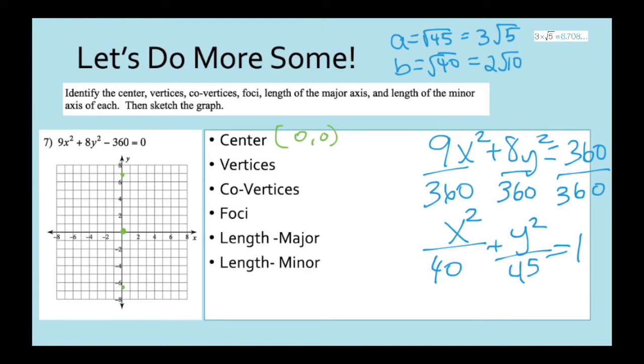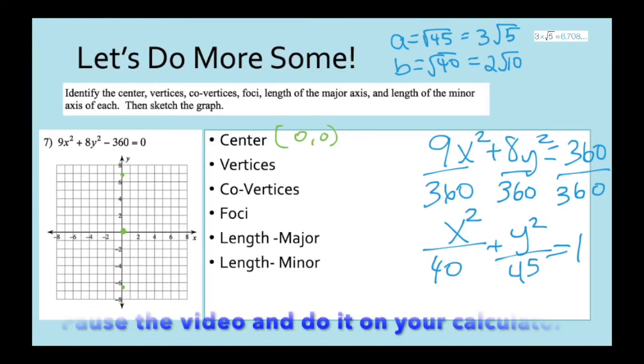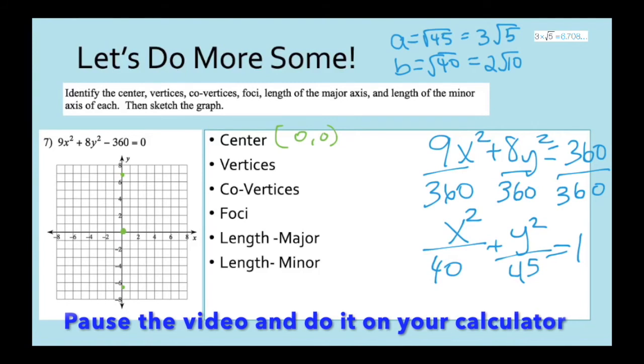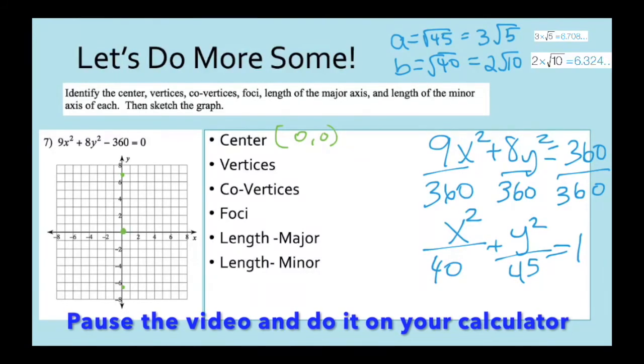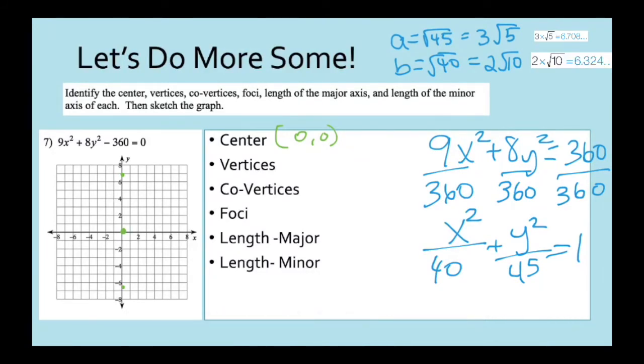Now I need to get an estimation of that 2 square root 10. So you do the same thing, put it in your calculator, and come back when you're done. When I did it on my calculator, 2 square root 10 is about 6.3. That's very close to each other. 6.3 is there, and 6.3 on the other side is there.